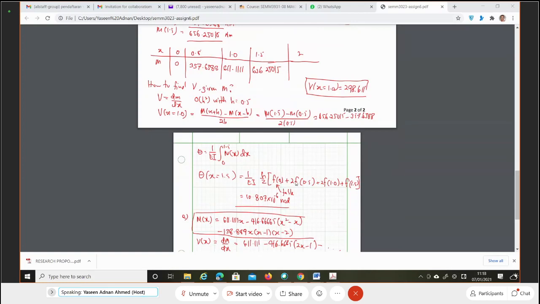Here they use 1, 2, 2, 1, or you can use 1, 3, 3, 1, okay? And then h should be 0.5. He used Simpson's rule with 1, 4, 1.